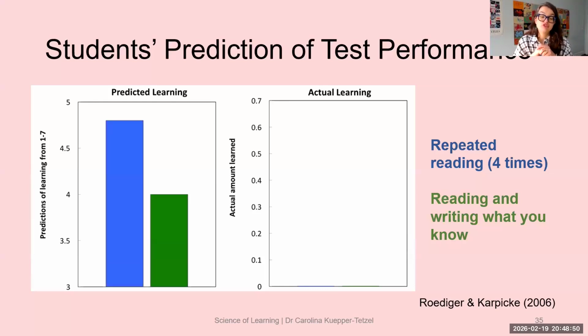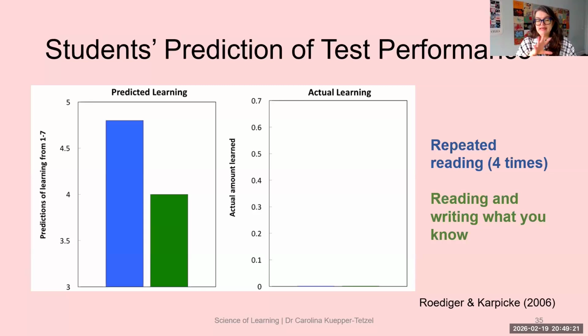The students who had read the text 4 times were very confident. I read this 4 times, I've got this, I completely understand what's going on, no problem, give me a text. The students who read the text only once and then had to recall from memory were not so sure, because that felt more effortful, like they weren't really getting somewhere.